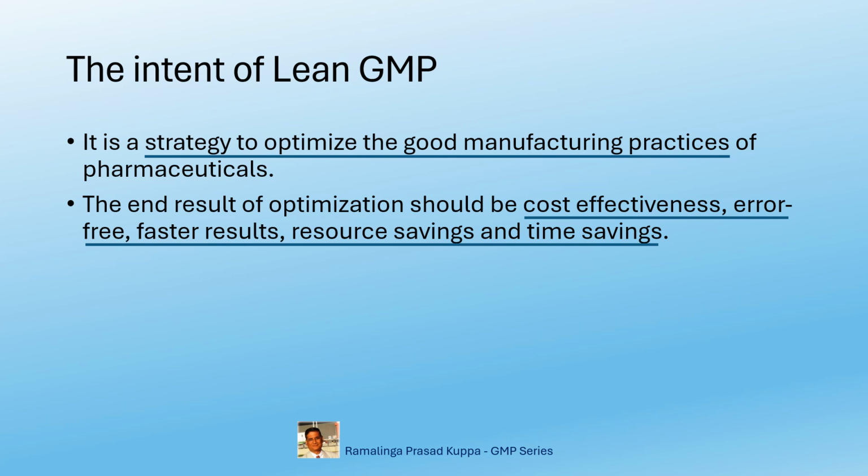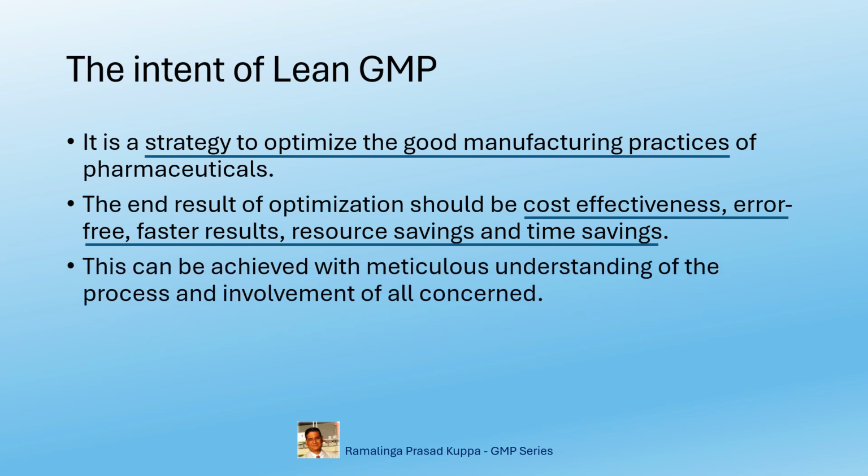So, this should be the end result of lean GMP. This can be achieved with meticulous understanding of the process and involvement of all concerned. This is the critical part of designing appropriate lean GMP. The employee should feel the ownership of the process and be involved fully and honestly to achieve the advantage of lean GMP.